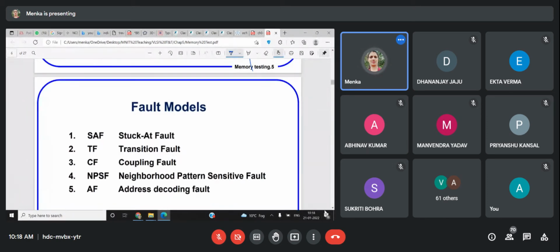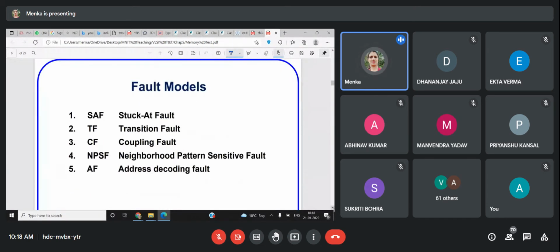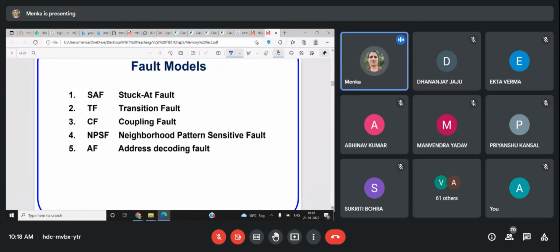Different fault models. You have these fault models in memory devices. First one is the stuck-at fault, stuck at 0 or stuck at 1. Another one is the transition fault, when a bit is going to change from 0 to 1 or 1 to 0, then there can be a fault. Another one is the coupling fault. Coupling fault means, let's say there are two bits stored in the memory, this is 0 and this is 1.